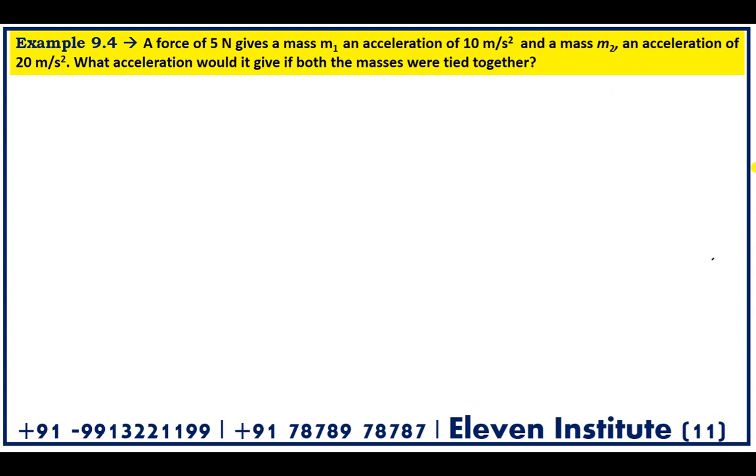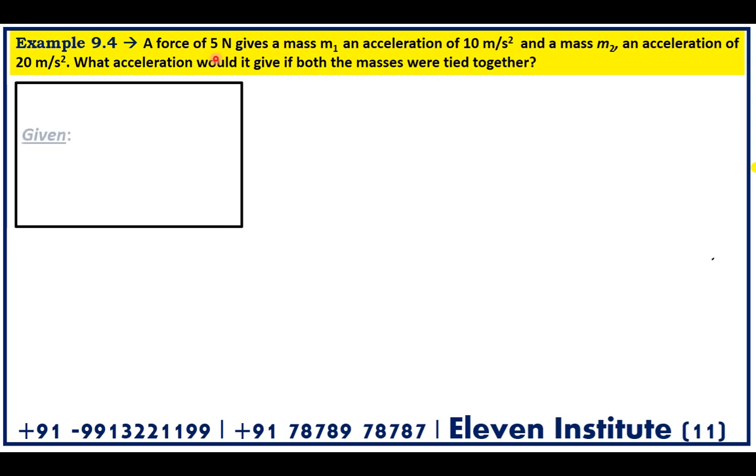Let us now see example 9.4. A force of 5 newton. So force is given to us, so we shall write first force is equal to 5 newtons. Gives a mass m1 an acceleration of 10 meters per second square.